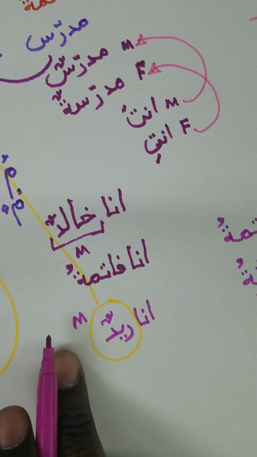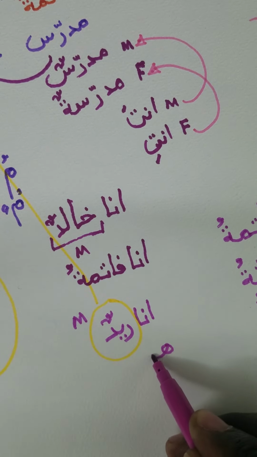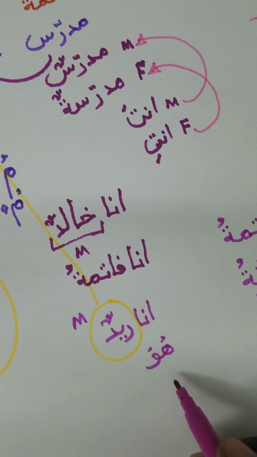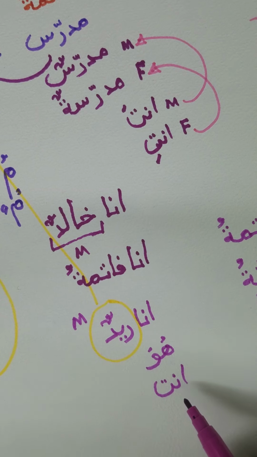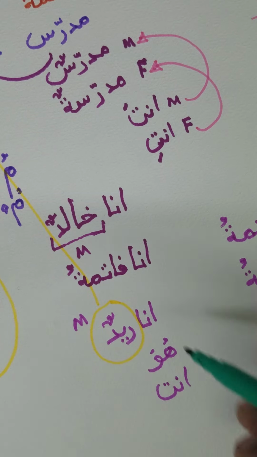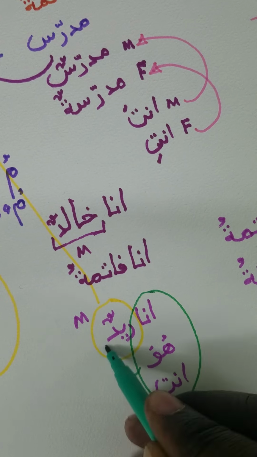So because it is male, it will either be Huwa or Ana or Anta. These are the only pronouns that can go with this in singular, because this is a male name.